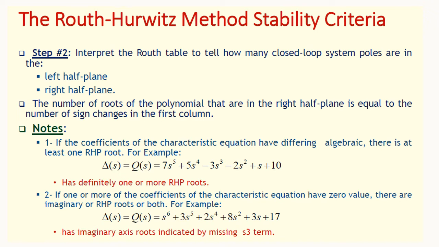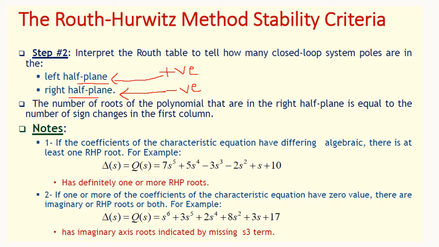Step 2. Interpret the Routh table to tell how many closed loop system poles are there in the left half plane and in the right half plane. If in the values of the first column there are positive signs, we say that it is in the left half plane. If we have a negative sign or change in sign, then it is in the right half plane or unstable plane.